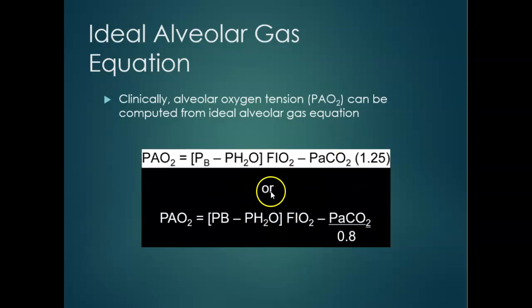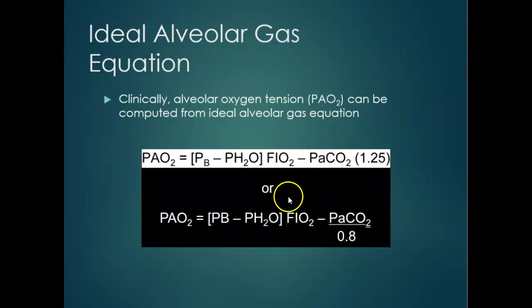Okay, so all of that is a big lead up to this ideal alveolar gas equation. So this is how we calculate out the amount of oxygen that actually got into the alveoli during ventilation. Okay, so in calculations for respiratory therapy, that large A, the capital A, signifies alveoli content versus the little a is arterial content.